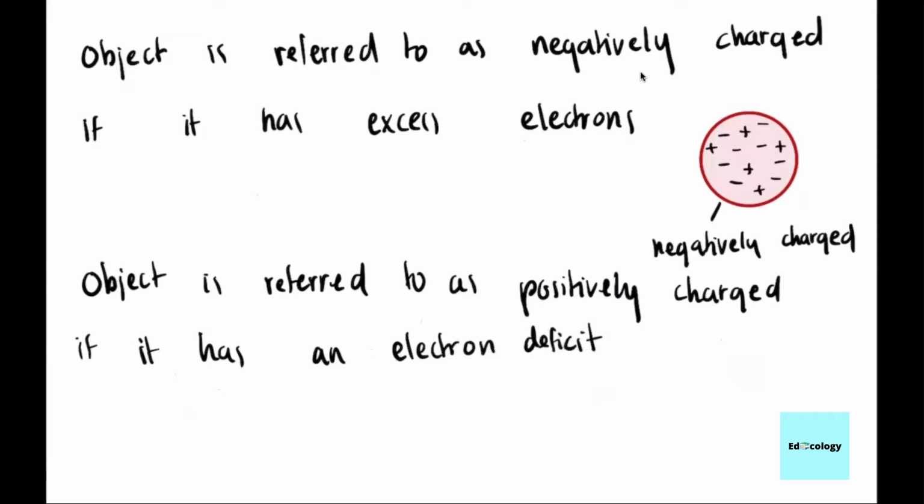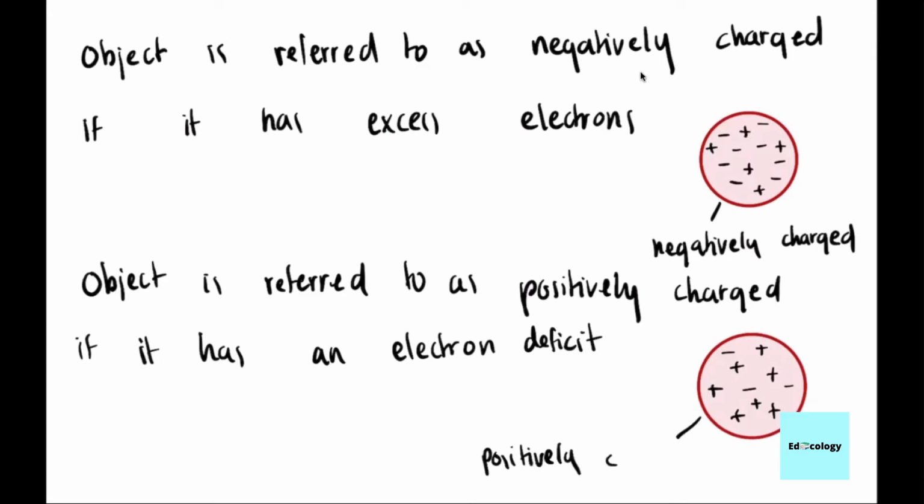So for example, let's say we have an object, and there are many protons, but it has too little electrons, which means it has an electron deficit. So here there are too many protons, so here it is positively charged.